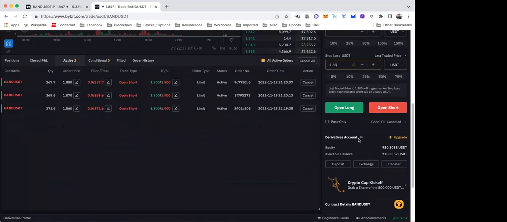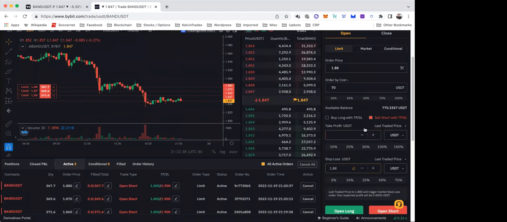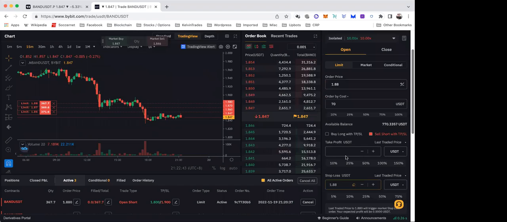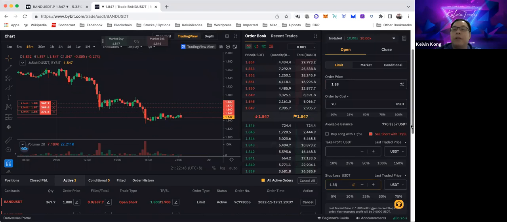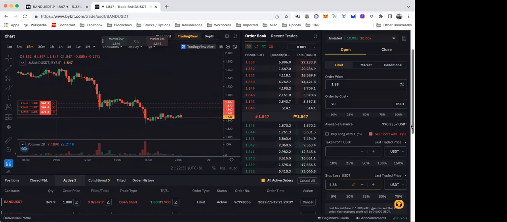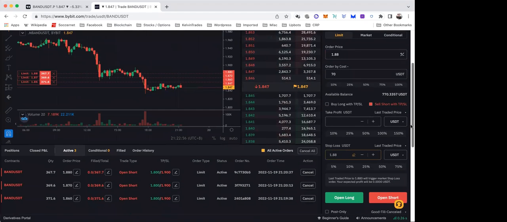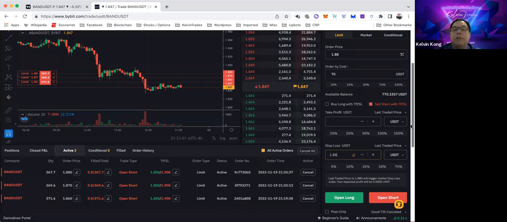Then my stop loss is 1.9. Take profit 1.8. Then the liquidation price is quite near. As long as your stop loss is below the liquidation price, it is okay. Oh, okay. So the liquidation price won't affect it, and if the price shoots up very fast, hopefully it hits your stop loss.